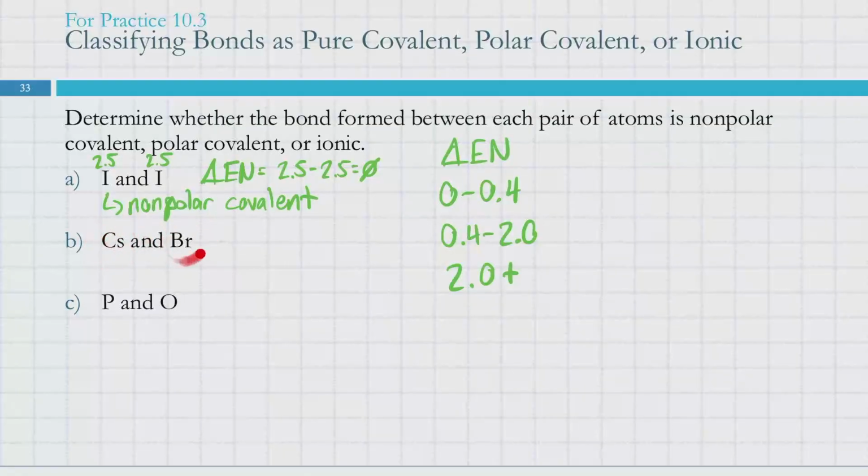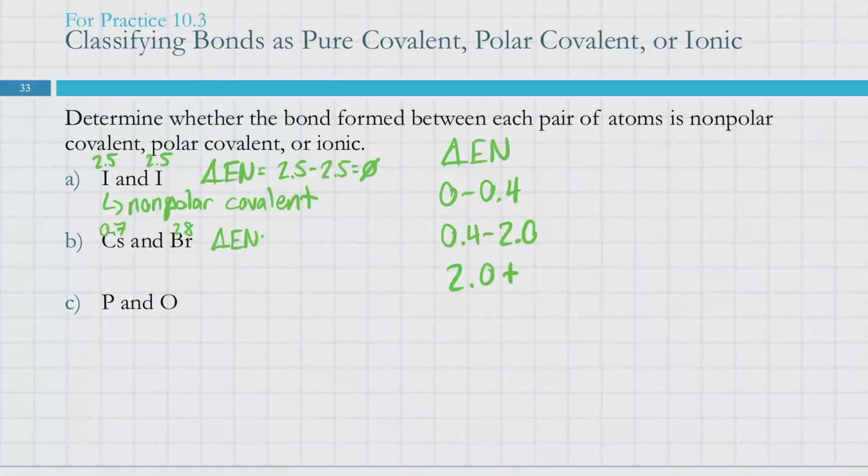With Cs and Br, any guesses? Where's Cs on the periodic table? Way in the bottom left. Where's Br? It's more upper right. If we look at our numbers, Br is 2.8, Cs is 0.7.